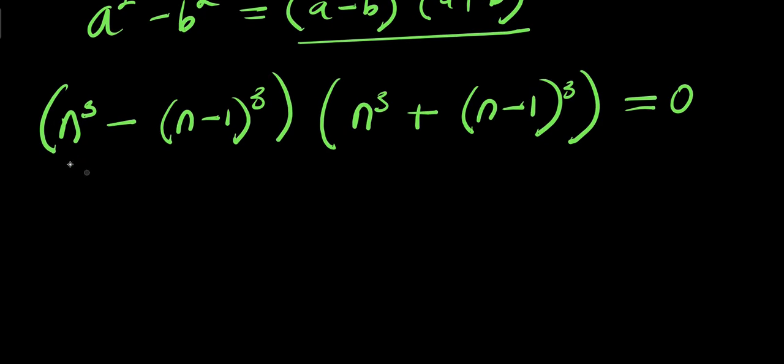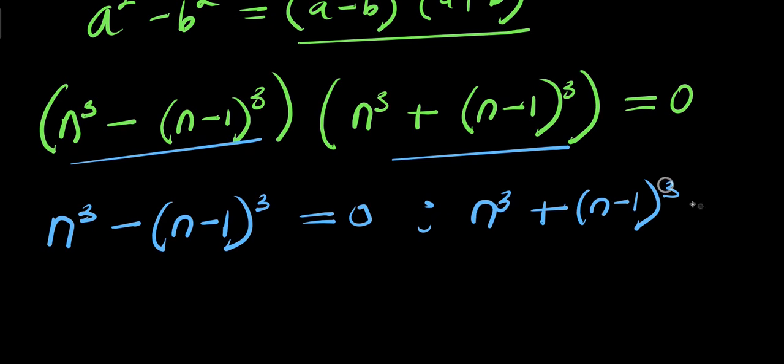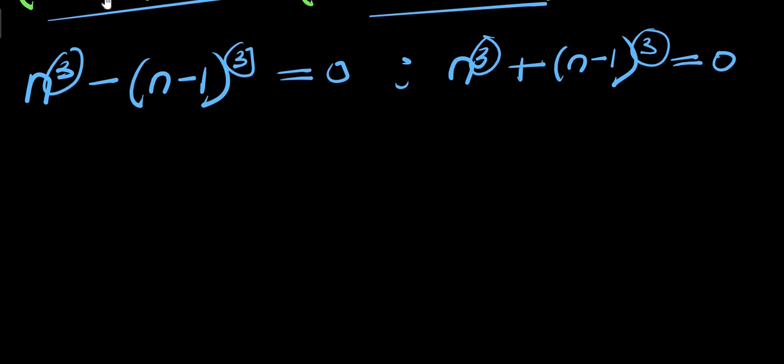At this point, we can equate each of these to 0. We have n^3 minus (n − 1)^3 equals 0. We also have n^3 plus (n − 1)^3 equals 0. We have power 3 here, and power 3 here. We are going to expand these, using two different identities.